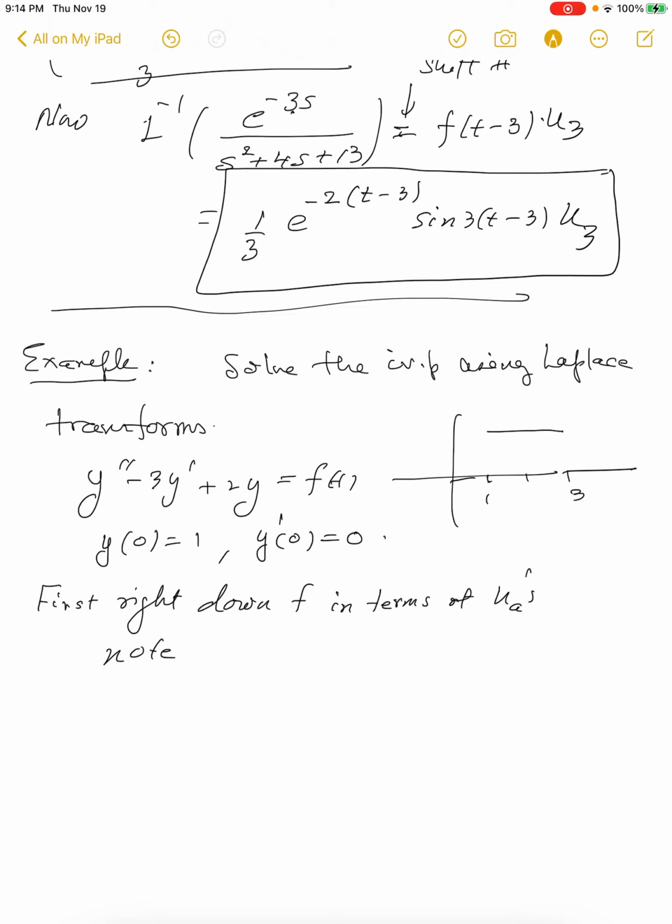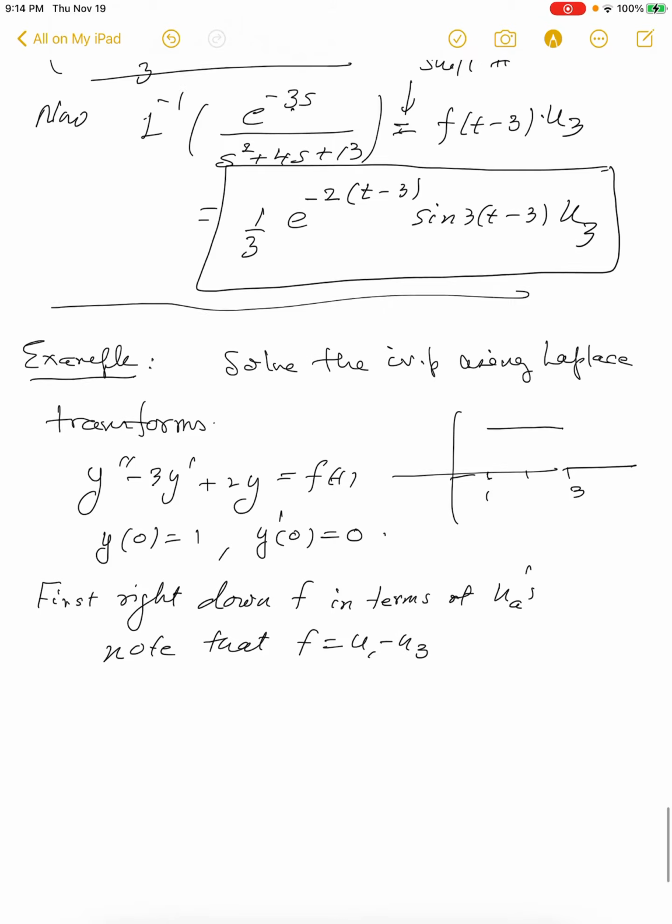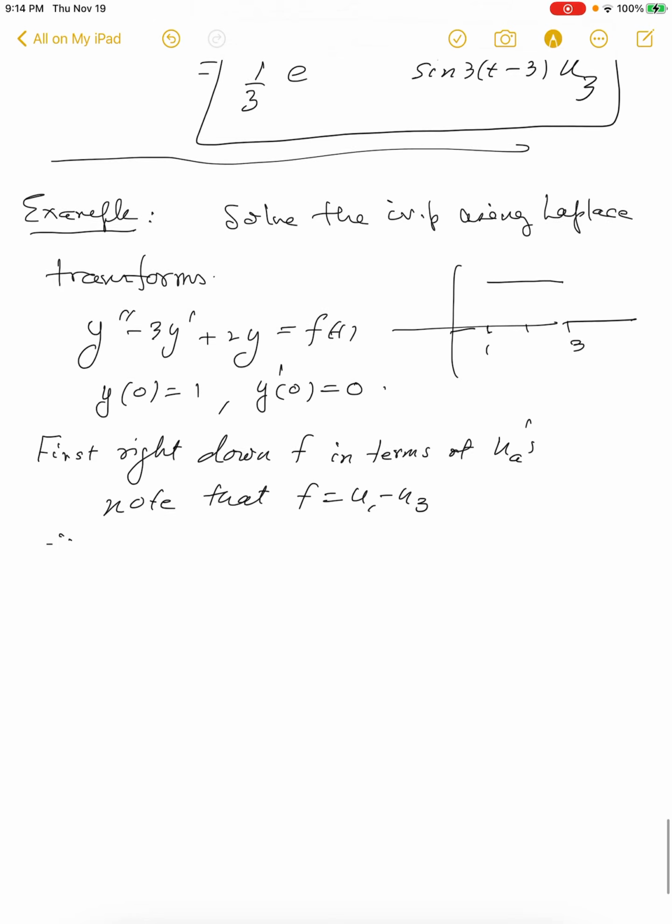So note that your f is u1 minus u3. So therefore our equation is y double prime minus 3y prime plus 2y equal to u1 minus u3. Now you take L of both sides as before.